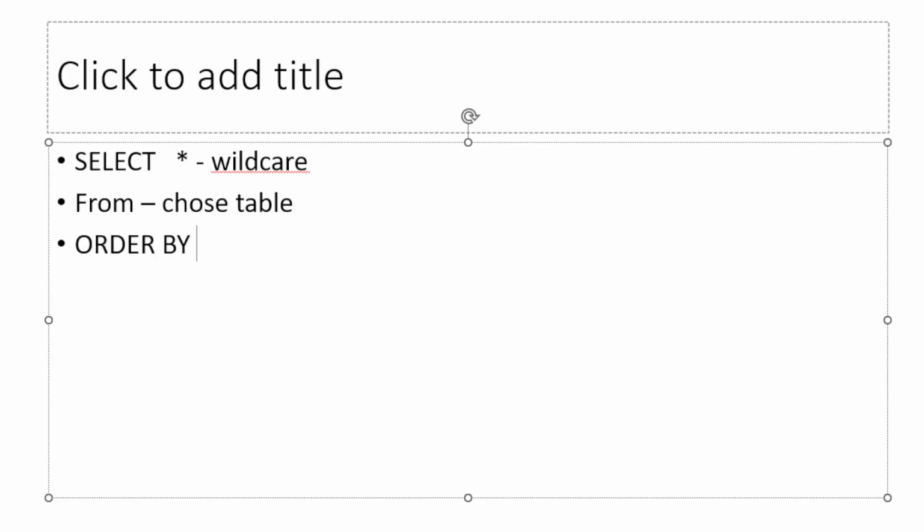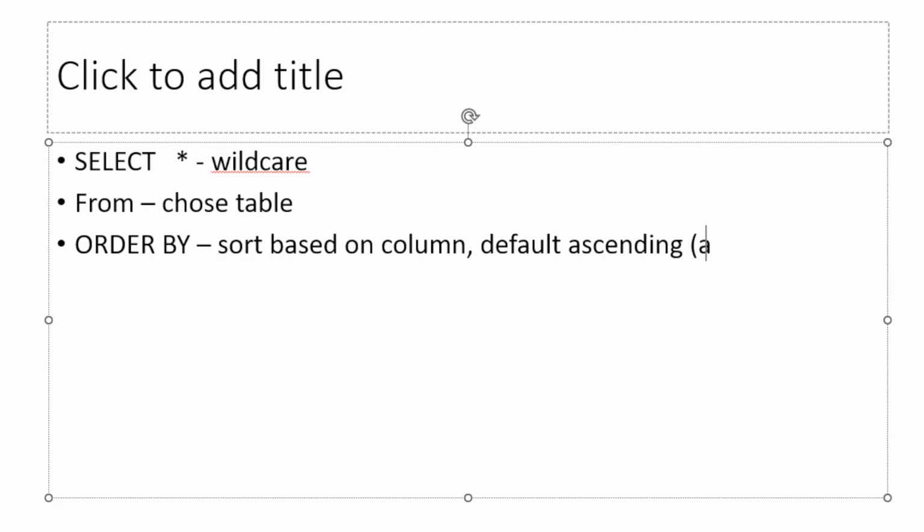Order by sorts based on the column we pick, and by default it is ascending, which the keyword is ASC. If you want to go the other way, the keyword is DESC. We also learned about as, which allows us to alias a phrase, and we learned about top. Top allows you to put whatever number you put in here, that's how many lines will return.